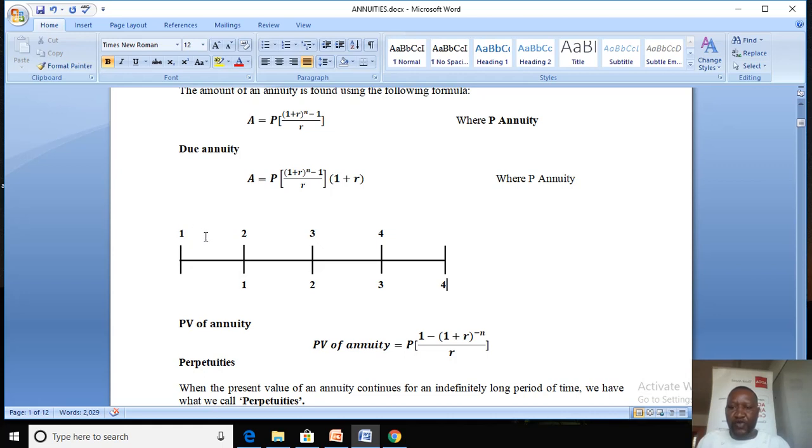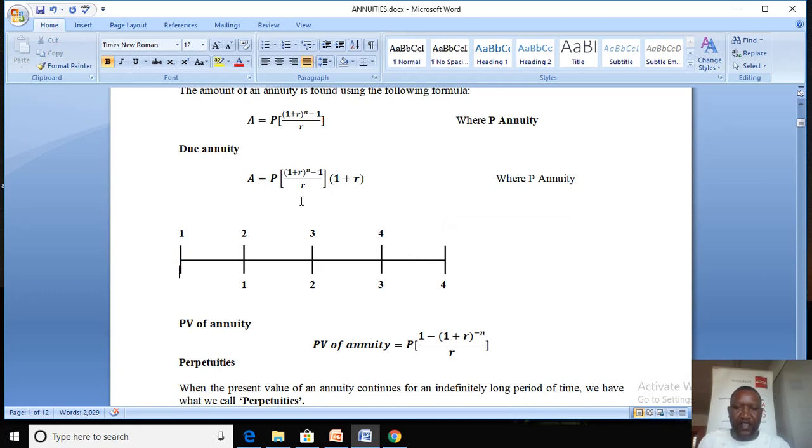With a due annuity, you are making a payment at the beginning of the period. So your first payment will be made at year 0, then you make the second payment, the third, and the fourth payment. You will notice that by the time you are making your fourth payment, your money has to stay in the account for the last 1 year.